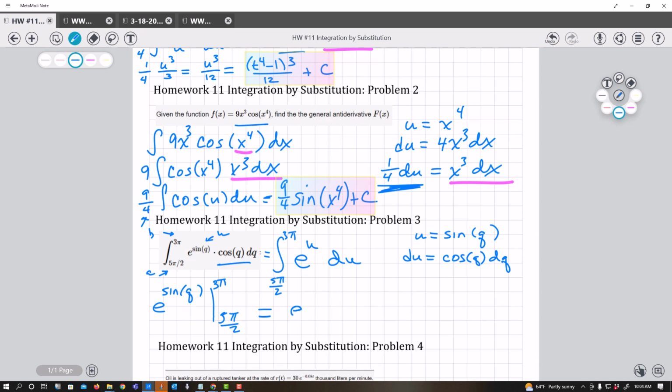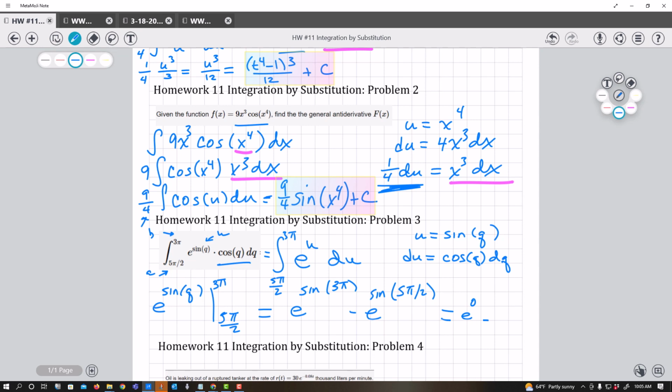If you do not remember your unit circle, that's fine. You can pick up a calculator. So e to the sine of 5 pi over 2 minus e to the sine of 3 pi. If you just pick up a calculator and you put sine of 3 pi, you will see that this piece is 0, so that's e to the 0.